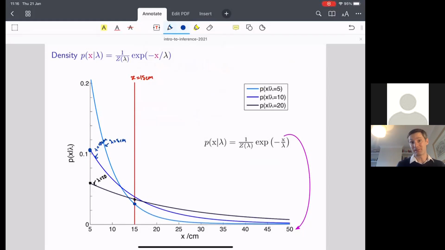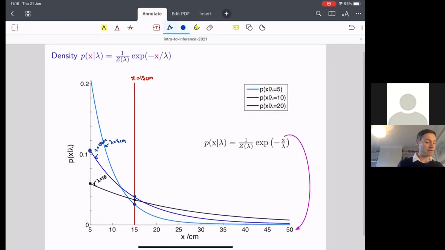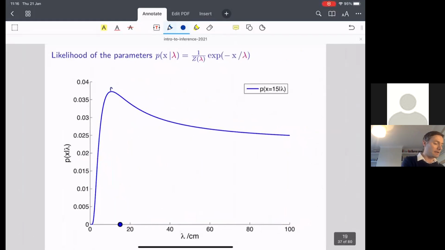It doesn't decay particularly quickly, and it ends up giving the most density to x equal to 15 of these three curves. And it's for this reason that intermediate settings of lambda, which are not too big and not too small, end up being more plausible with the observed data, and they result in this bump in the likelihood function around here. It's the normalizing constant trading off with the exponential term, giving this sweet spot in the middle.